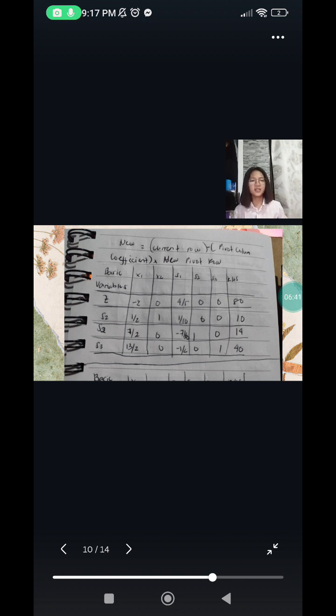As you can see, there is only one negative left, negative 2. So we need to solve again from the top to make it effective. First, we look for the most negative coefficient. Obviously, it's negative 2, from x sub 1.